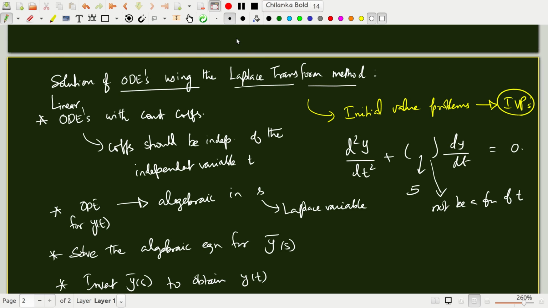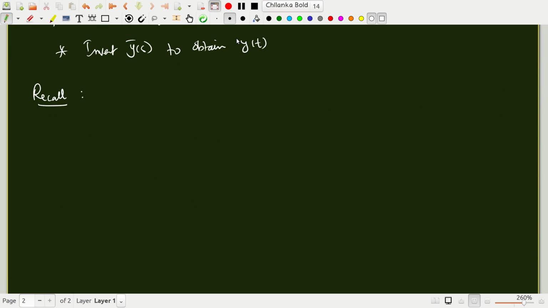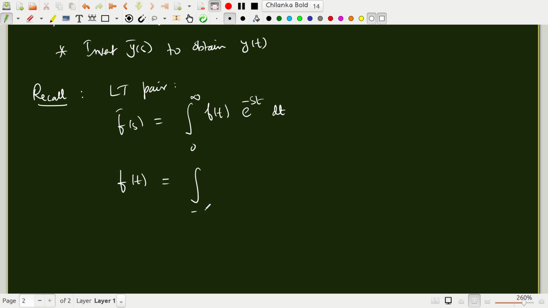You recall the Laplace transform pair: f bar of s is the integral from 0 to infinity of f of t e to the minus st dt, and f of t is 1 over 2 pi i times the integral of f bar of s e to the st ds.